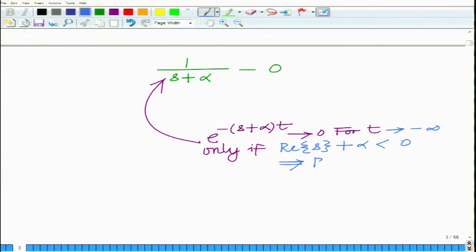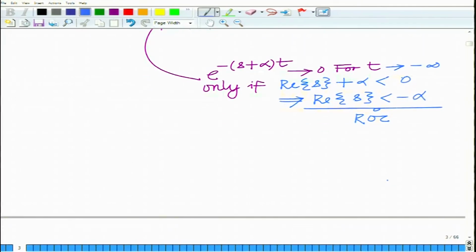I am sorry, this implies the real part of s is less than minus alpha, and therefore this is your ROC.